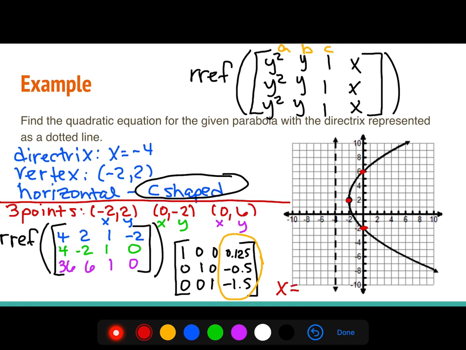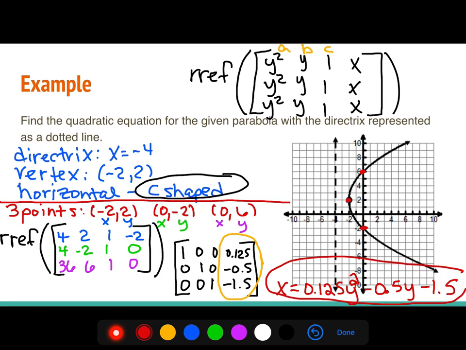And we look to see, is he in reduced row echelon form, which he is. And so I'm going to write my equation. Now, I told you last time we always did f of x equals or y equals. But since this is C-shaped, instead of writing y equals, I'm going to put x equals a, which is 0.125.